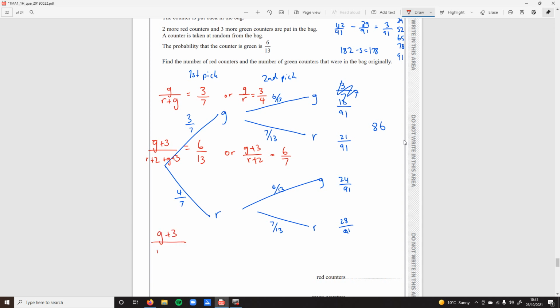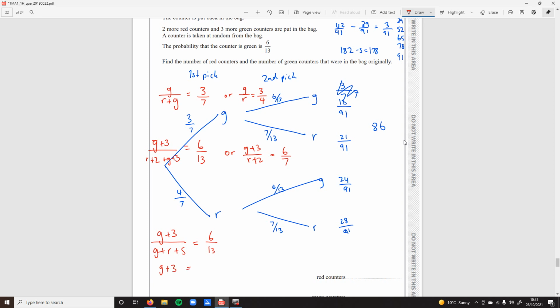G plus 3 over R plus 2 plus G plus 3, so G plus R plus 5 equals 6/13.